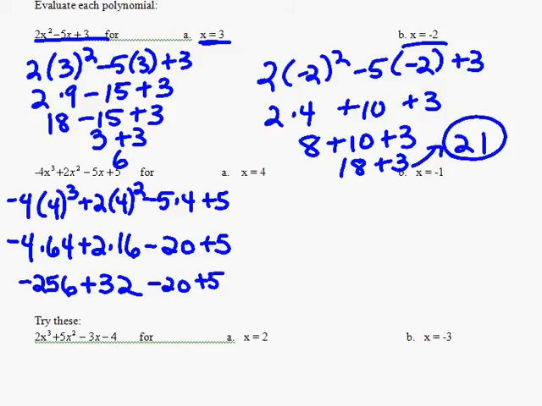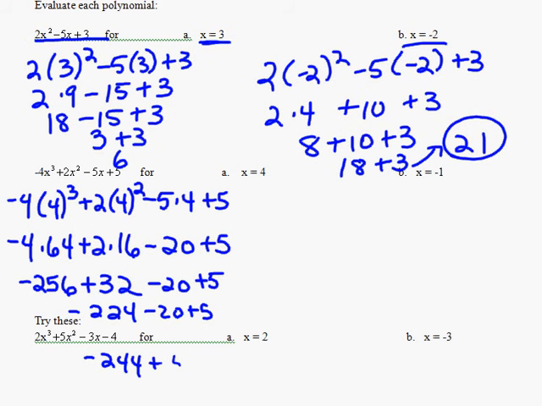Negative 256 plus 32 is going to give me negative 224 minus 20 plus 5. Negative 224 minus 20 is negative 244 plus 5. Gives me negative 239. Might want to check me on that. And certainly you can put that in your calculator to see if you get that answer.